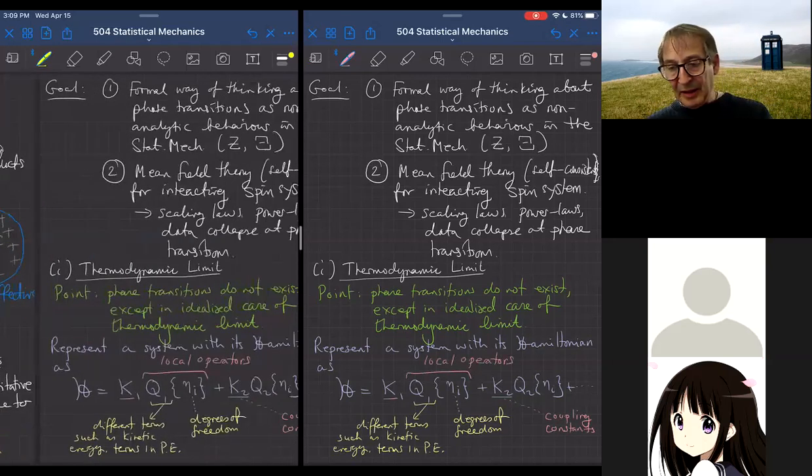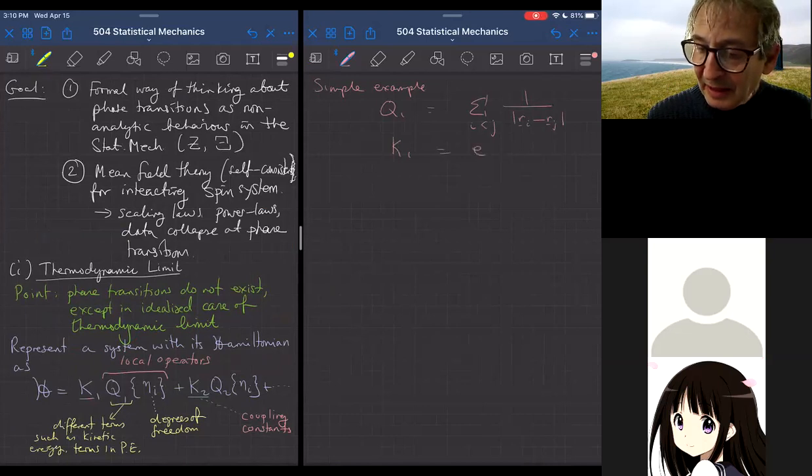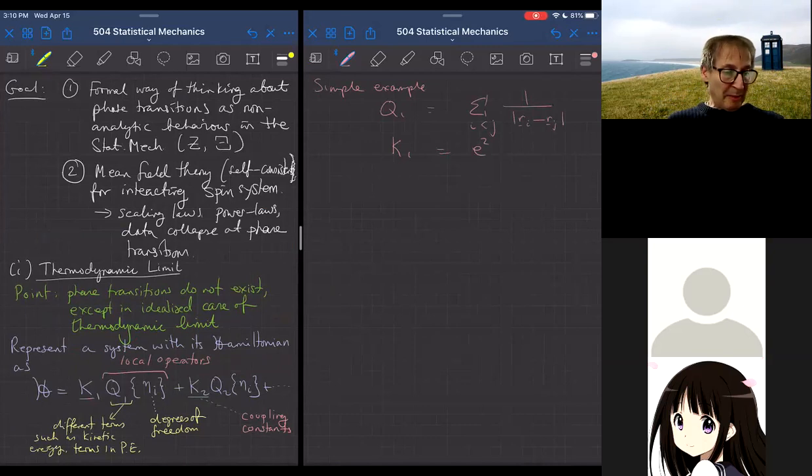So just a simple example. And the K1 might be the charge squared or something like that. Okay, so that would be how we think of the system.